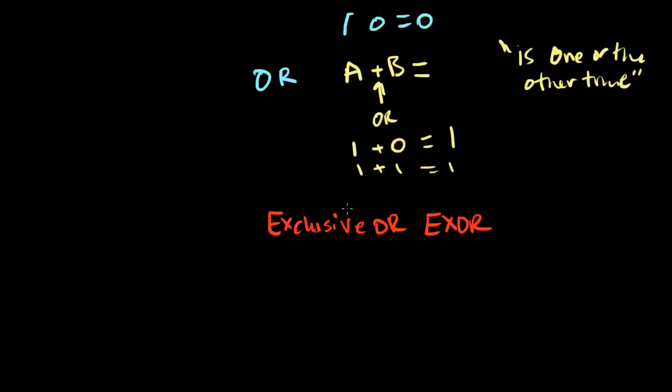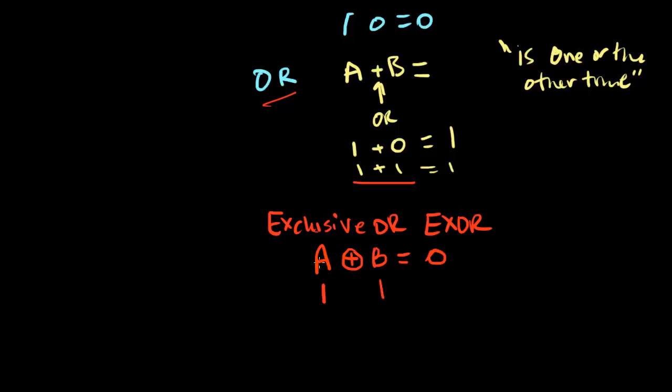Okay, and we want to know if A exclusive OR B is true. And in this case, we want to know if exclusively A is true or B is true. Okay, up here in the OR case, we just saw if both of them are true, we still get a true. And in this case, if A and B are true, then we would get a 0.